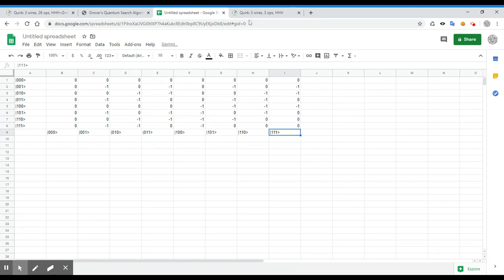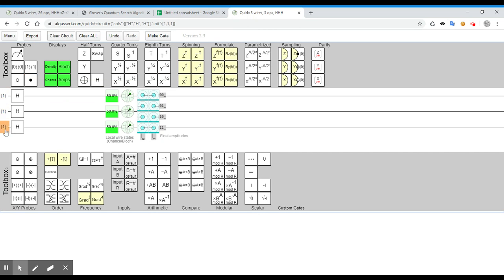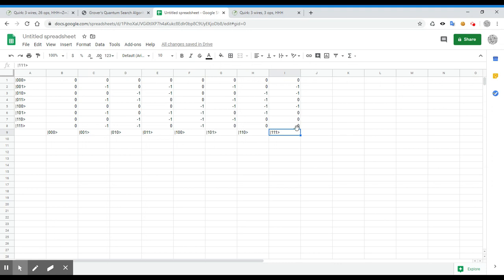Let's double check that I didn't make a mistake anywhere. It's 0, 0, 1, 0, 1, 0, 1, 0, 0, well, 1, 1, 1, so I did make a mistake. There's always going to be 4 minus 1s in here. Okay, so that's basically it.